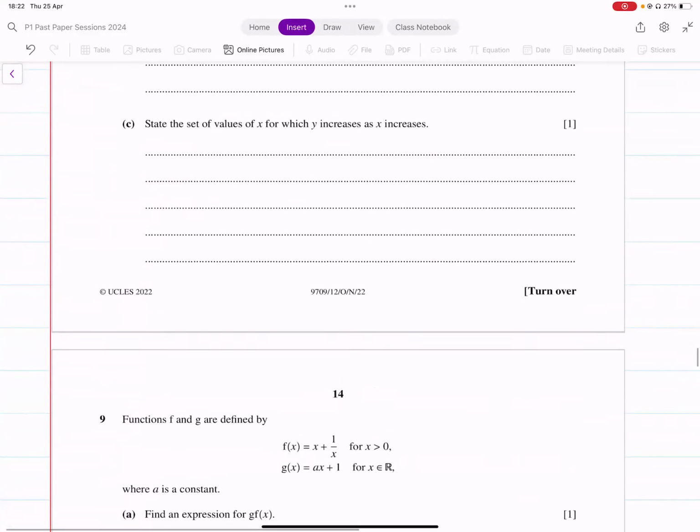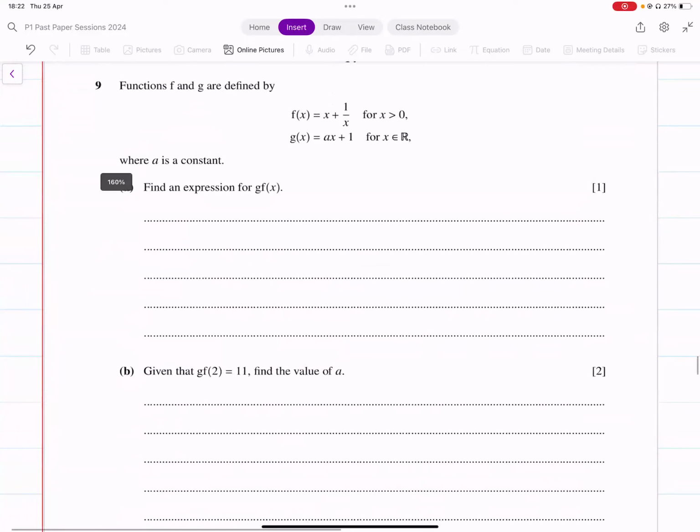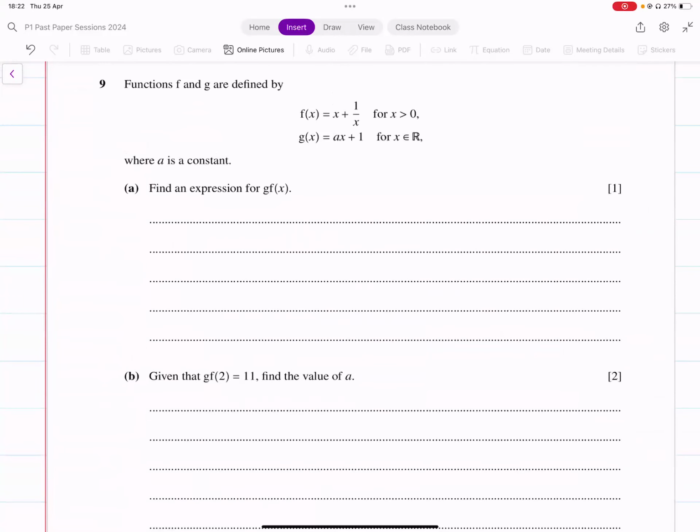Okay, so the first question that most of you have asked from this paper is question number 9. Let's have a look at this. It says functions f and g are defined by f of x equals x plus 1 over x, and g of x equals ax plus 1 for x such that x can be any real value.